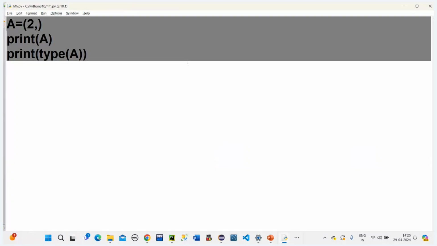Now before this, let's see here. If I'm writing like this, A is equal to 1, 2, 3, 4, and print A. Can you tell me what would be the output?